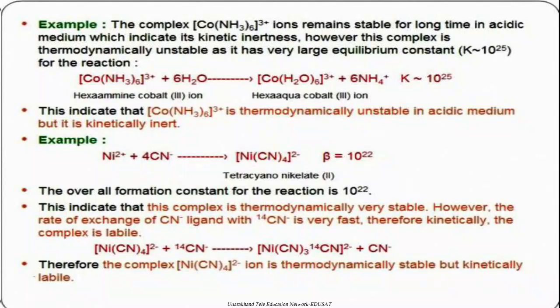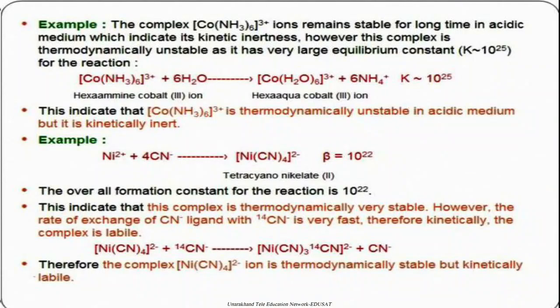This indicates that the complex is thermodynamically very stable. However, the rate of exchange of cyanide ligand with carbon-14 labelled CN is very fast. Therefore, kinetically the complex is labile.